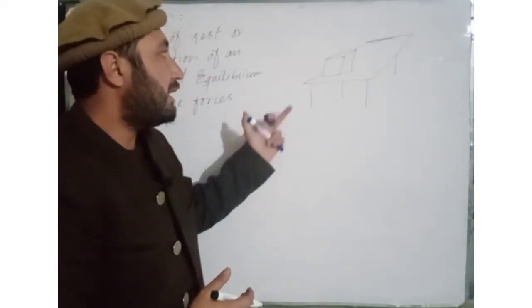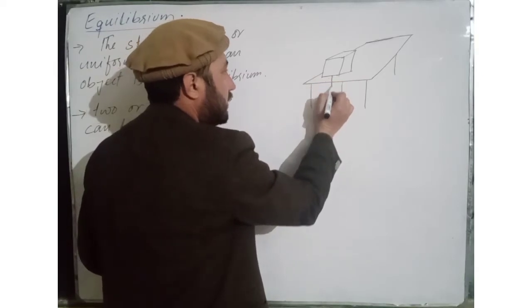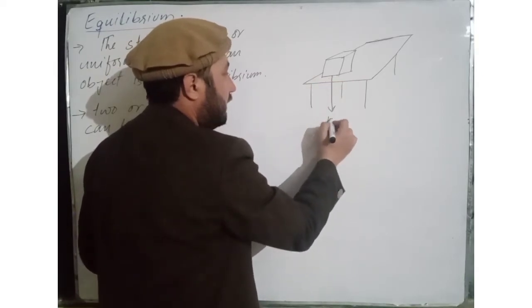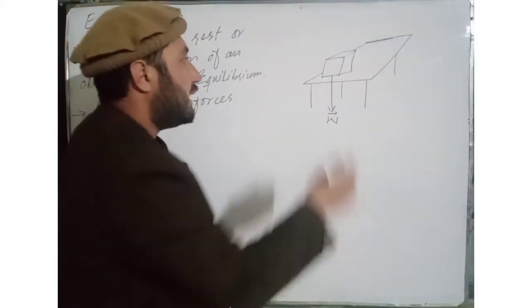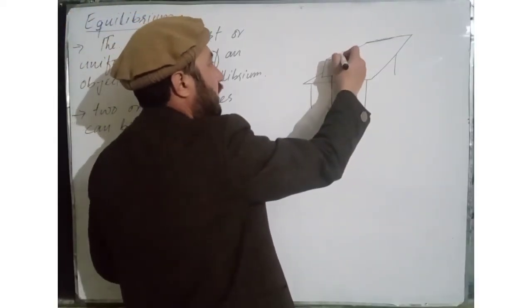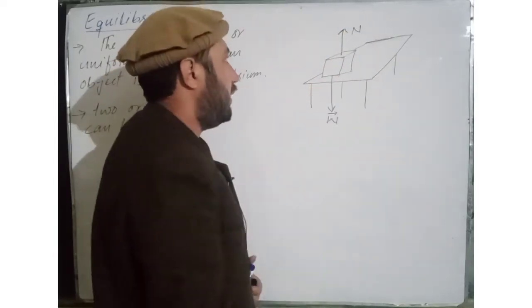Right now its weight is acting downward, right? So this will be the direction of the weight of the box, and the reaction of the table will be acting in upward direction, and that reaction we can call normal force, right?